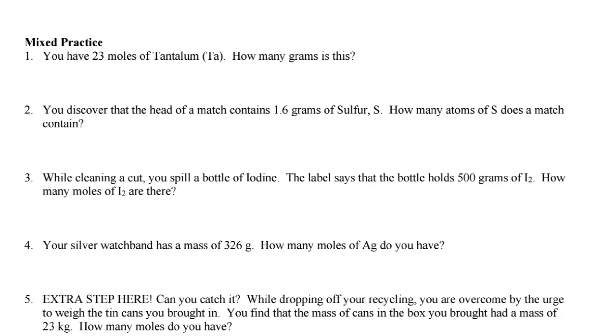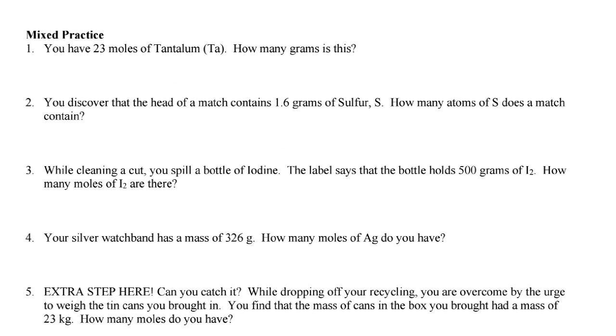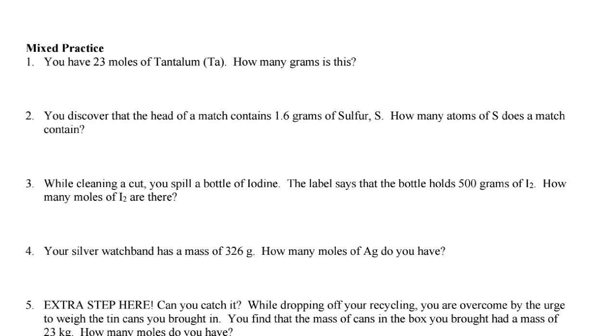All right, let's start looking through this mixed practice and see if there's anything that throws us off. Moles to grams, we've done that. Grams to atoms, this one requires 2 steps, so let's look at this real quick. We're starting with 1.6 grams. We need to get it to moles first because we do know how to do that calculation. Sulfur has a molar mass of 32.06 grams per 1 mole.